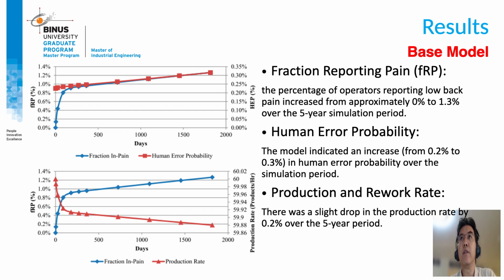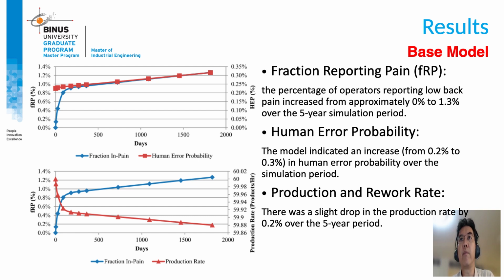The results for the four main model parameters are shown: fraction reporting pain, human error probability, production rate, and rework rate. On fraction reporting pain, the model showed that the percentage of operators reporting low back pain increased from approximately 0 to 1.3% over the 5-year simulation period.